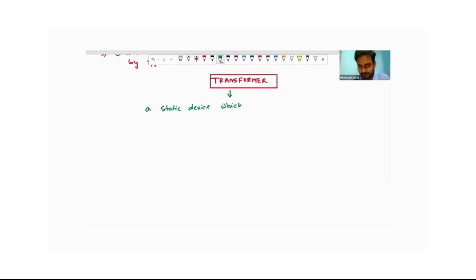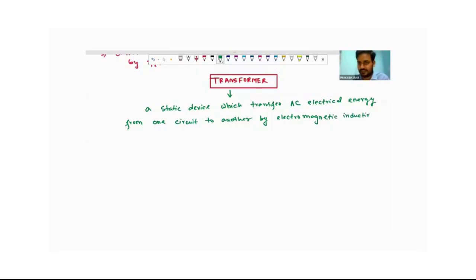A static device which transfers AC electrical energy from one circuit to another circuit by electromagnetic induction.